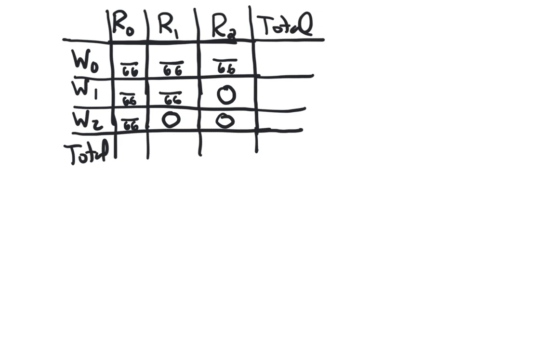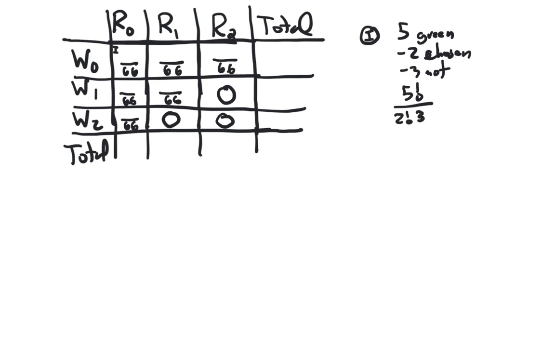So let's say this is cell, I'm going to put a little I here. So cell I, we must be choosing, there's 5 green marbles, and we're choosing 2 and 3 not. So it's going to be 5 factorial over 2 factorial, 3 factorial, and you can check either by your calculator or similarly to what we did by hand in the previous example.